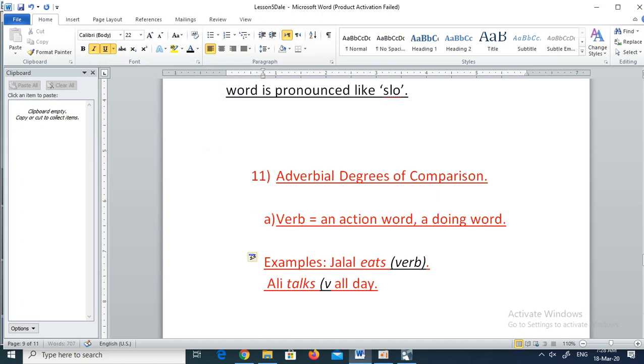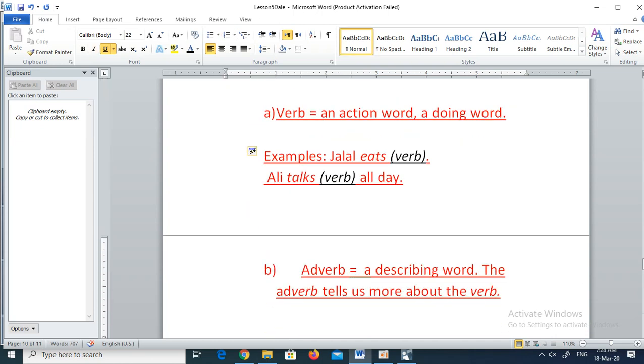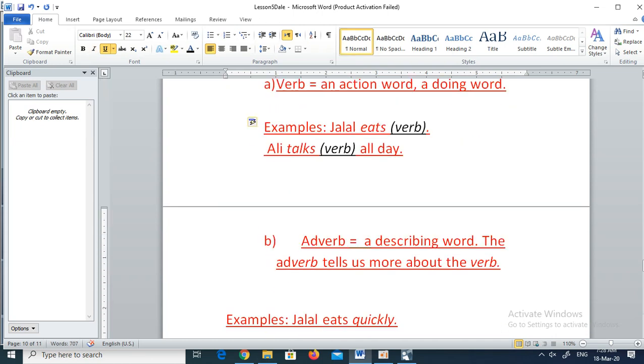All right. So verbs are words that are action words. They are doing words. They tell you what the person or thing is doing. Now, remember that we can also describe verbs in the way we describe nouns.